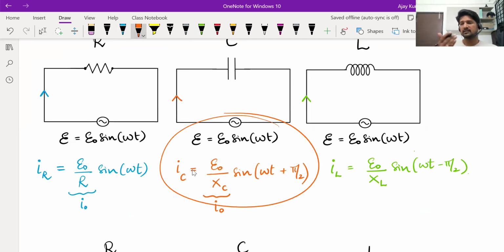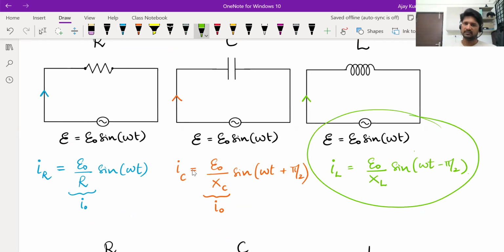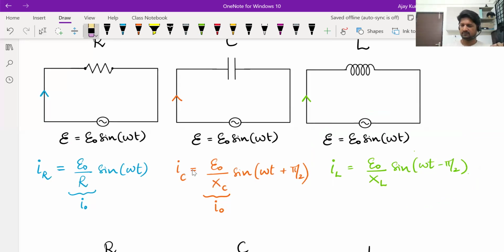It tries to make the current lead the EMF. And if you apply an alternating voltage across an inductor, the inductor tries to make the current lag the EMF. So one of them tries to keep the current in phase with the EMF, the other tries to make it lead the EMF, and the third one tries to make it lag the EMF.